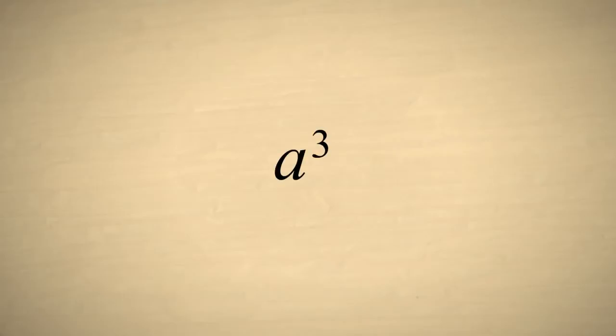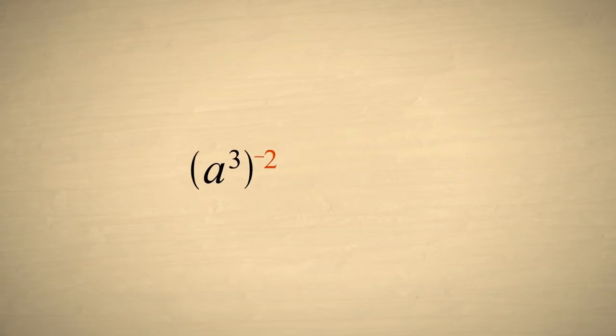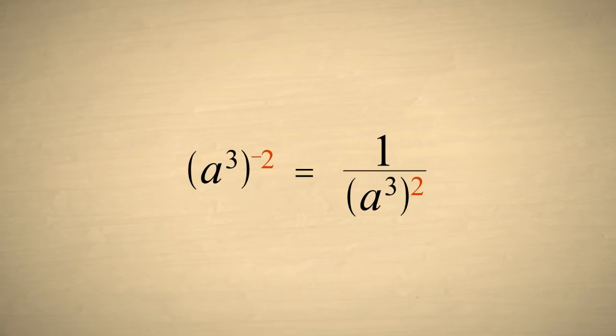Let's see what happens when we take a cubed and raise that expression to the negative 2nd power. Remember that anything with a negative exponent is equivalent to 1 over that thing with the same positive exponent. So instead of a cubed to the negative 2, let's write 1 over a cubed to the positive 2.